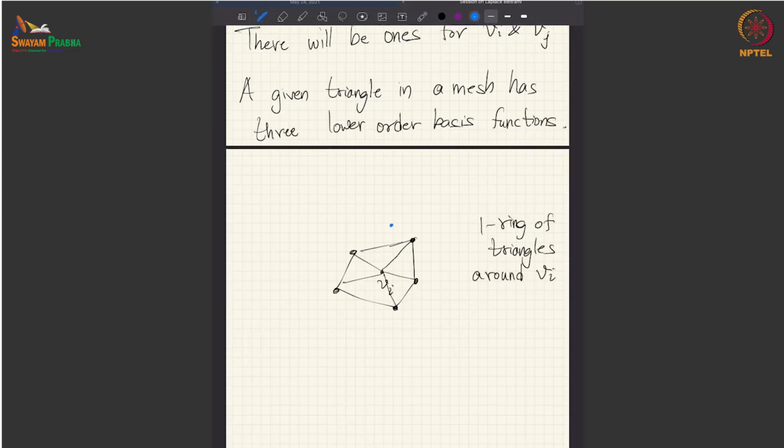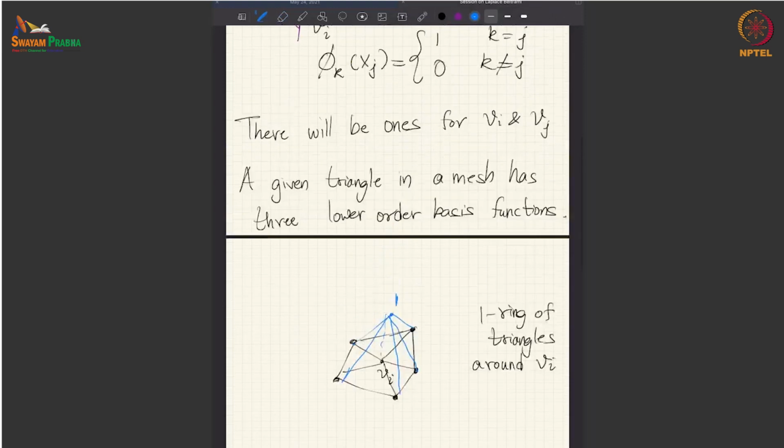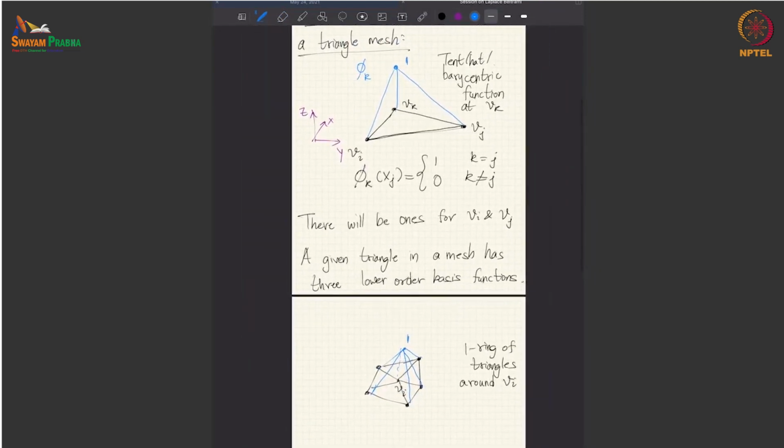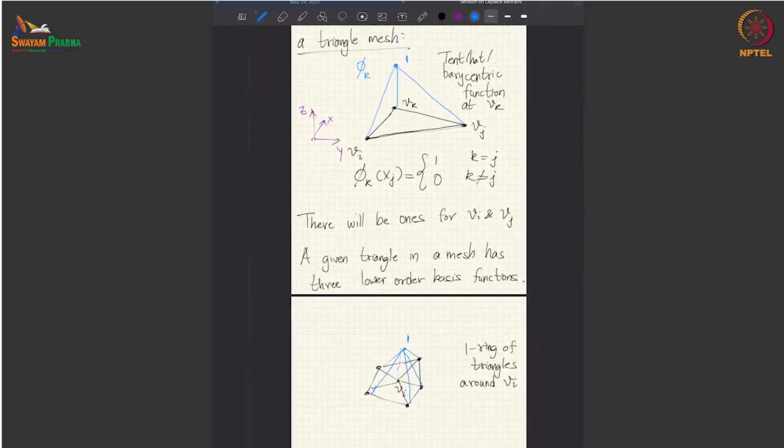It's hard to draw, but we can try nevertheless. It's value 1 on top of this and 0 everywhere else. This is starting to look like a tent if you stretch your imagination. Therefore, the basis function I showed you above for the triangle is essentially the restriction of this basis function on a one ring of triangles to a given triangle.